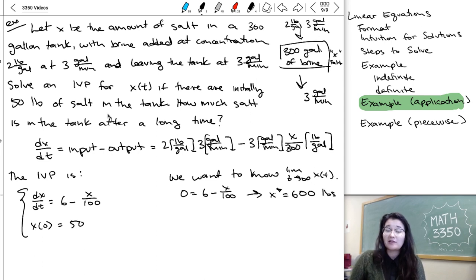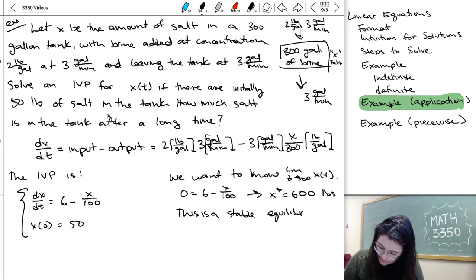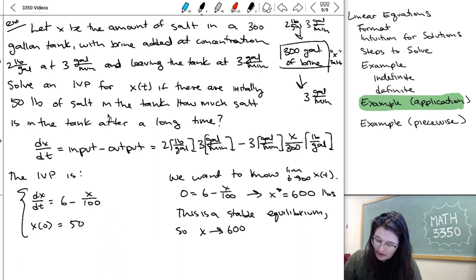And we could actually verify on the phase portrait that this is a stable equilibrium. I'm just going to tell you that because this section isn't about doing that. We'll do it without limits. So since it's stable, x is going to go to 600 as t goes to infinity.